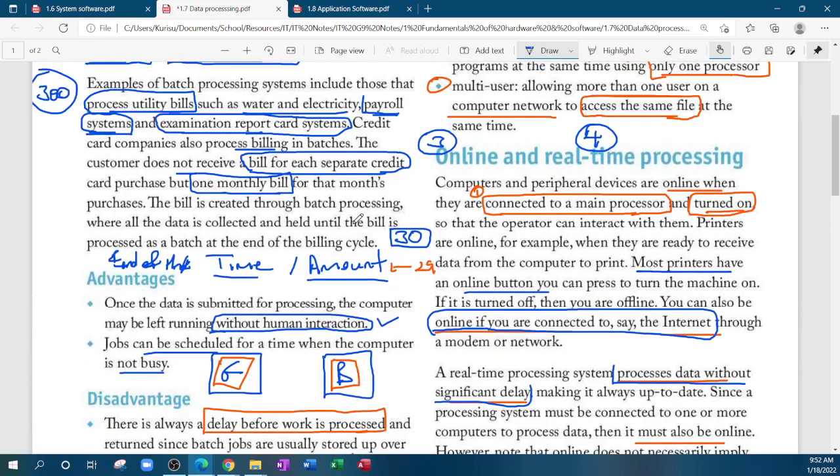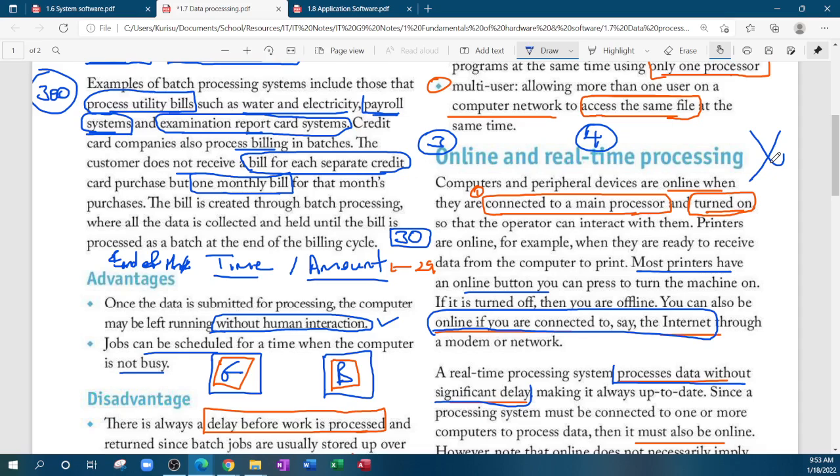We already said that it doesn't make sense to get your bill every day. So if you were to get your bill every day, you would have to use a real-time processing system. Because what that is going to do is that when the information comes in for that day, it processes it. When it comes in the next day, it processes it. It comes in the other day, it processes it. It doesn't even have to wait a day. Every second the data comes in, it's going to process that data right away.